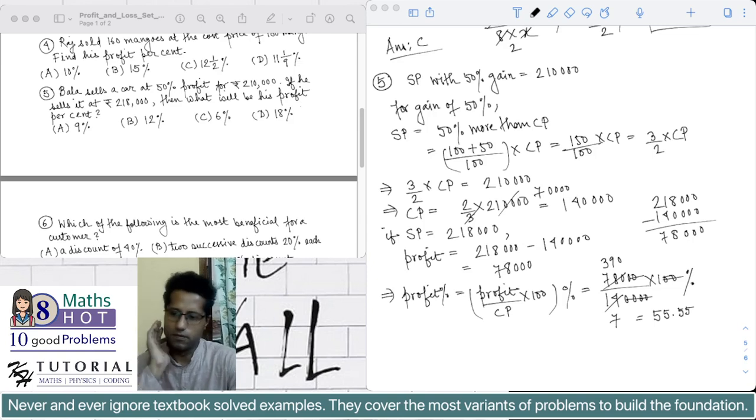And this after simplification is 390 by 7. My answer is coming out to be 55.55%, and this is way too far from all the given choices.